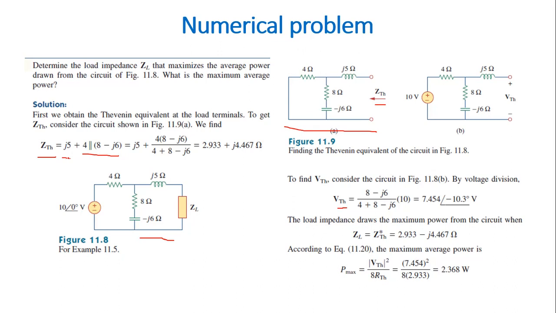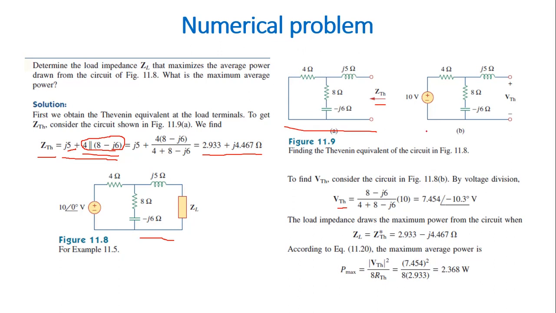So the value is 2.933 plus j4.467 ohms. This is the value of Thevenin's impedance.